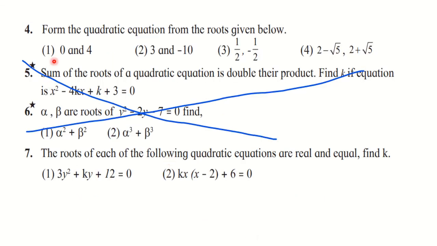Then question number 4. Form the quadratic equation from the roots given below. So one is alpha and the other is beta. Find alpha plus beta, find alpha beta, and put in that equation. What was the equation? x square minus, inside the bracket, alpha plus beta, outside the bracket x, plus alpha beta is equal to 0.